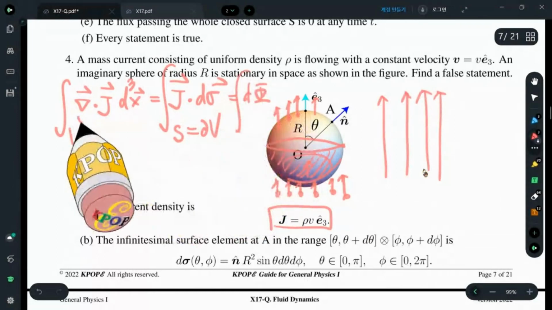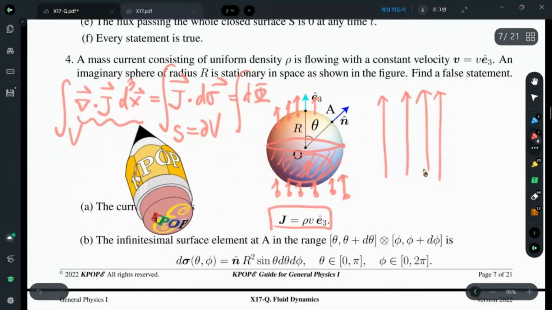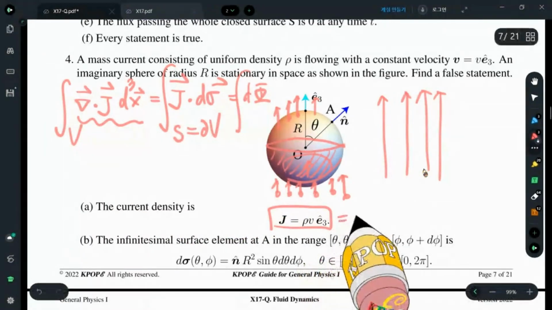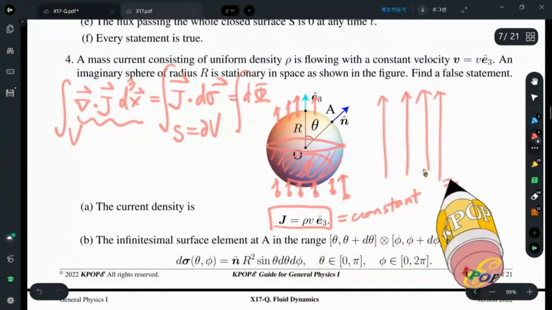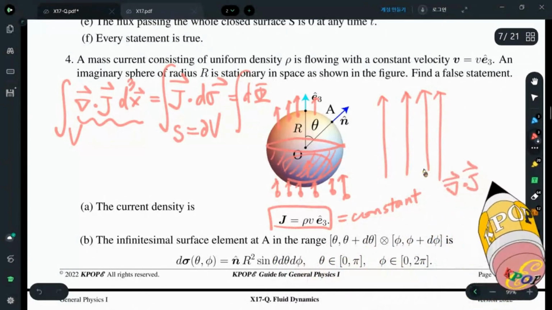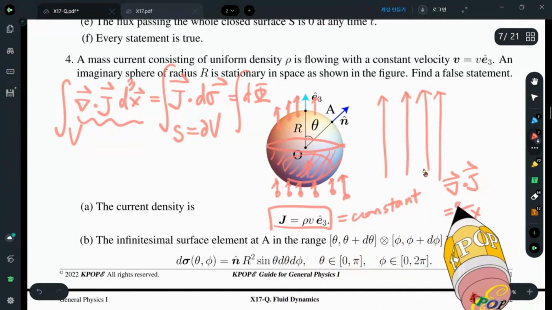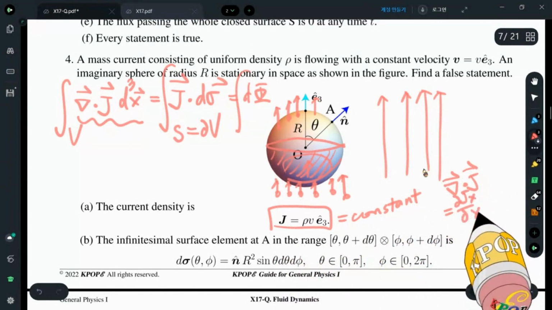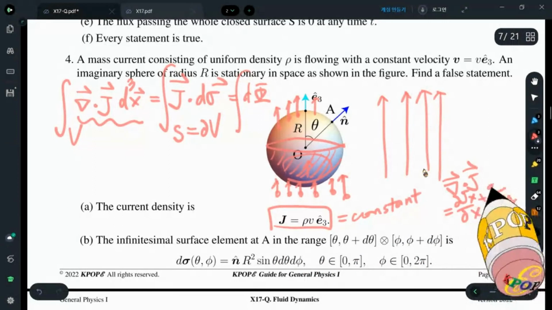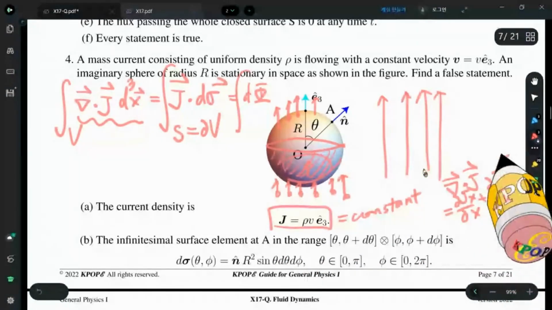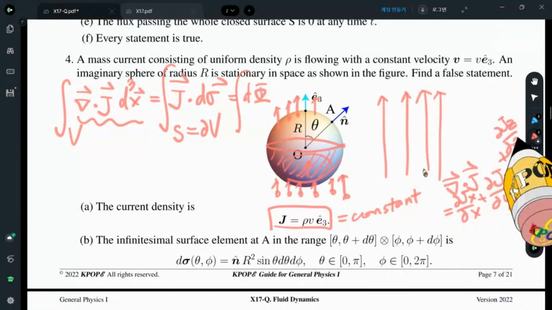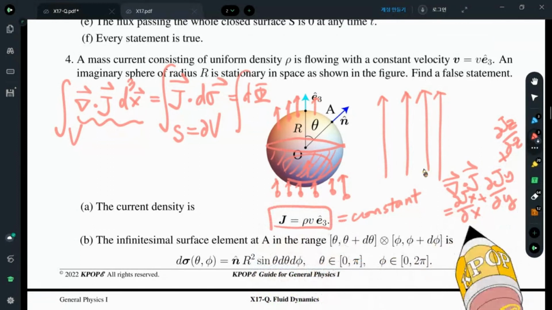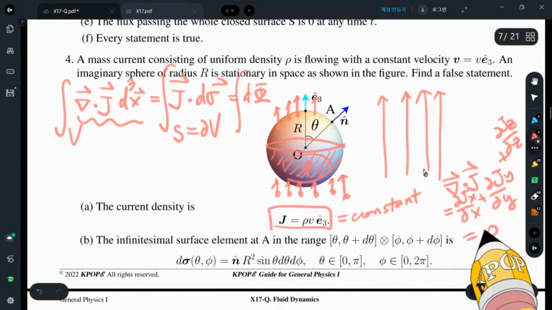Net flux is identical to this, and we remember J is constant. If J is constant, what is the divergence of J? Divergence of J is the x component's x derivative, y component's y derivative, and z component's z derivative, summed. Because they are all constant, it will disappear.